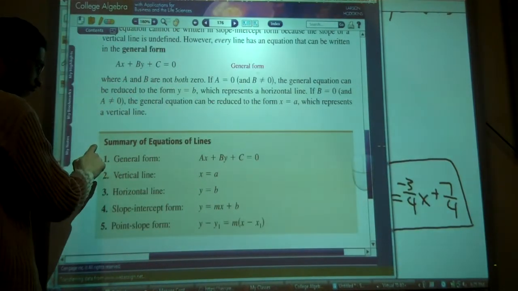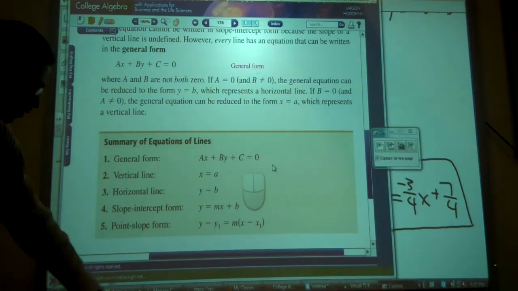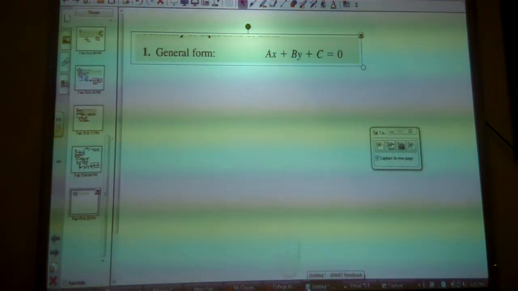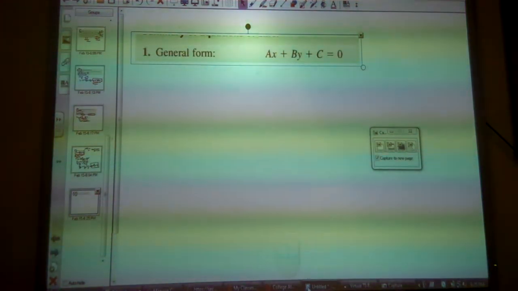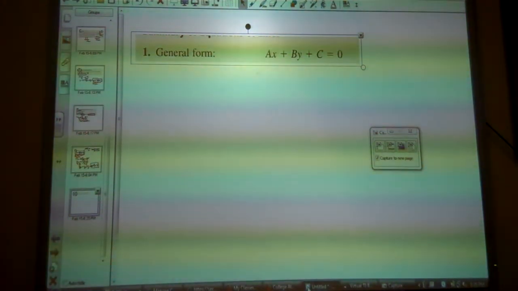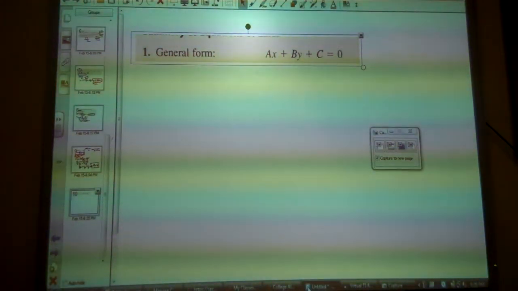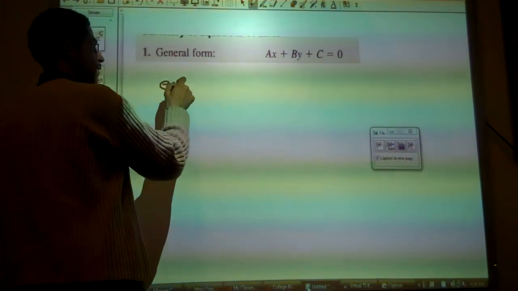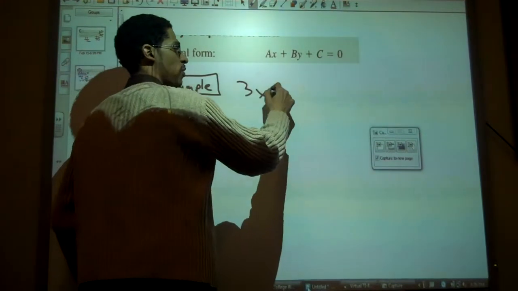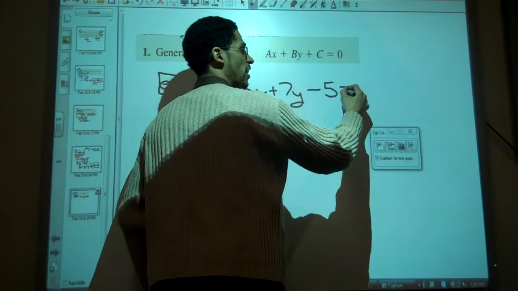The third form is called a general form, where what makes this so different is that the x's, the y's are together, and then even the constant is together on the left-hand side, and it's set equal to 0. An example would be 3x plus 7y minus 5 equals 0.